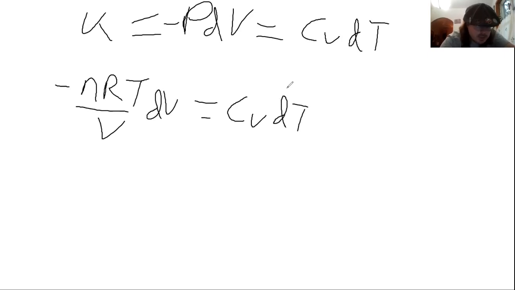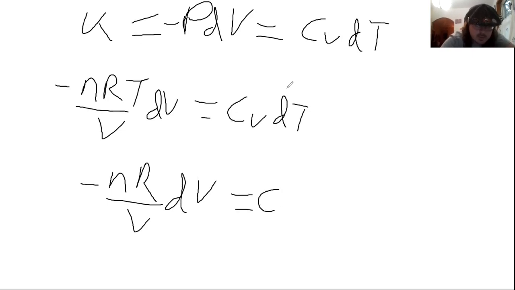If we get the temperature to the other side, we get negative nR dV over V equals C sub V over T dT.